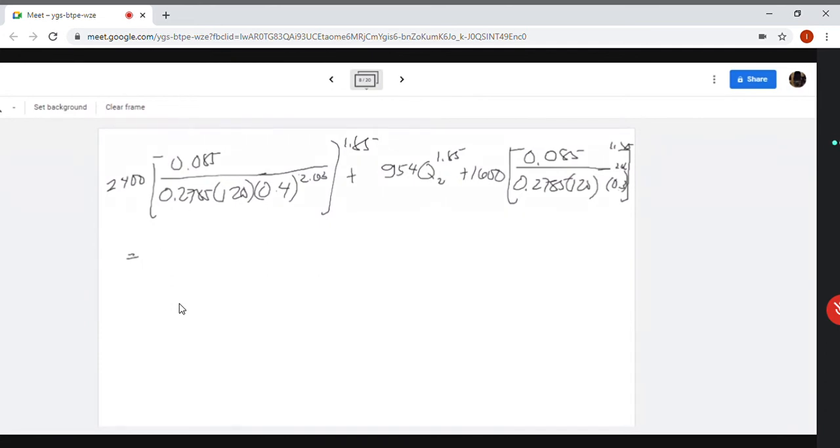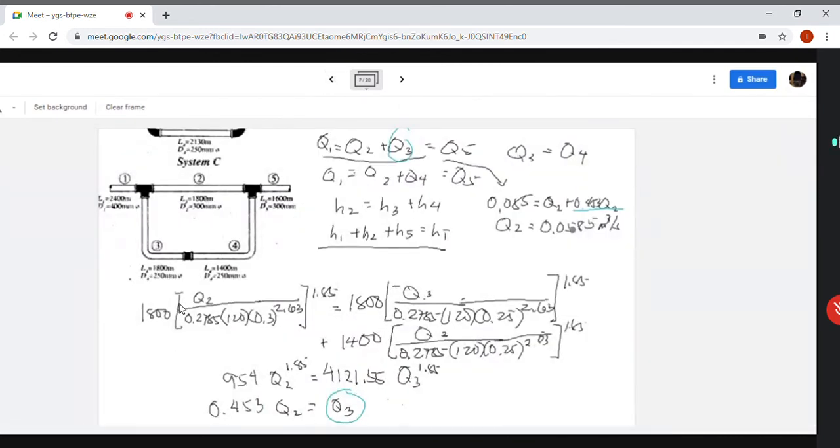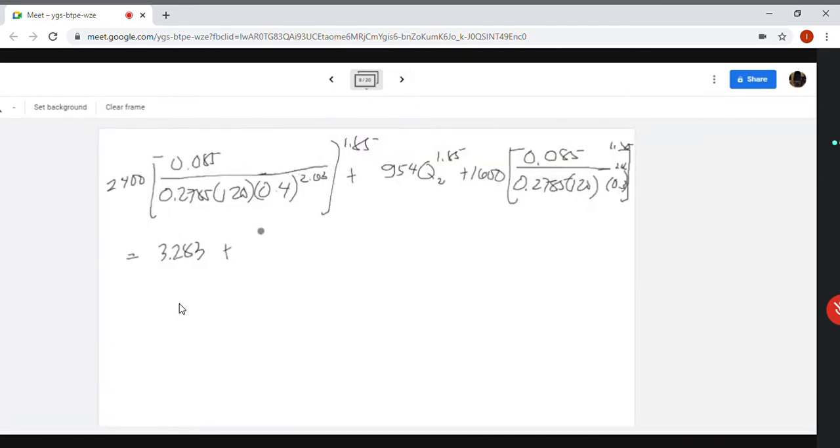So this is 3.283 plus 954 times Q2 of 0.0585 to the 1.85. So this is 4.99, okay, 5 plus 1,600 times 0.085, so 0.2785 times 120 times 0.3 to the 2.63 to the 1.85.